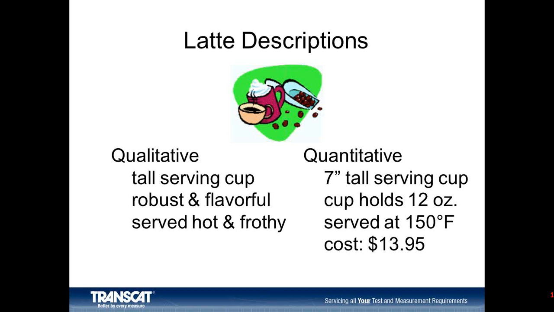Those are nice marketing descriptions, but don't really tell us anything other than perhaps a perception that maybe it's taller than the competitor or better flavor. The quantitative description, more like product specification performance, might give more specifics, like this 7-inch tall serving cup or 12 ounces or served at 150 degrees. Won't talk about the cost.